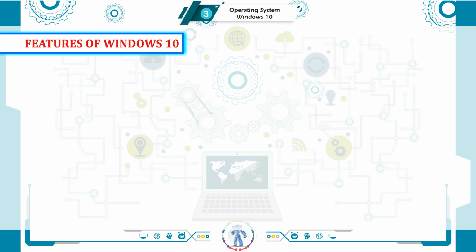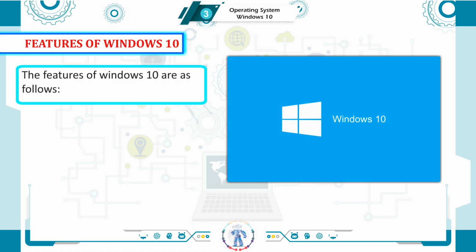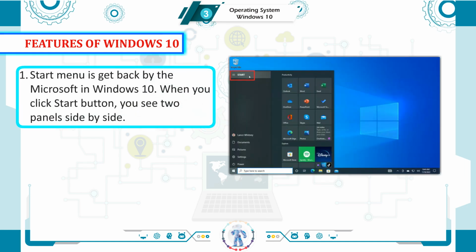Features of Windows 10. The features of Windows 10 are as follows. 1. The Start menu is brought back by Microsoft in Windows 10. When you click the Start button, you see two panels side by side.